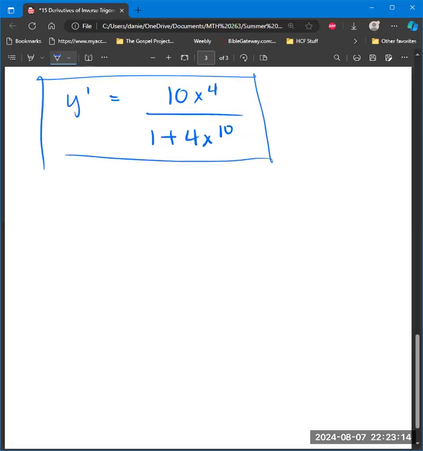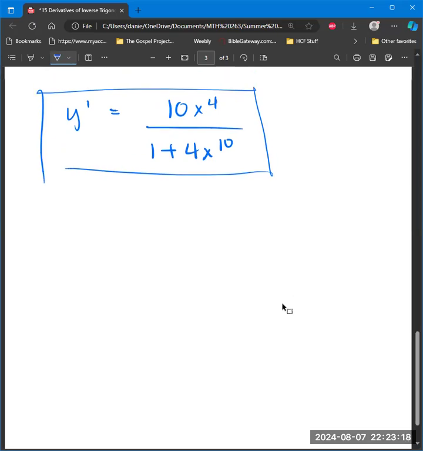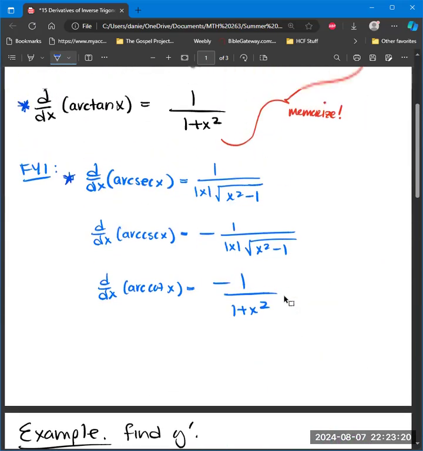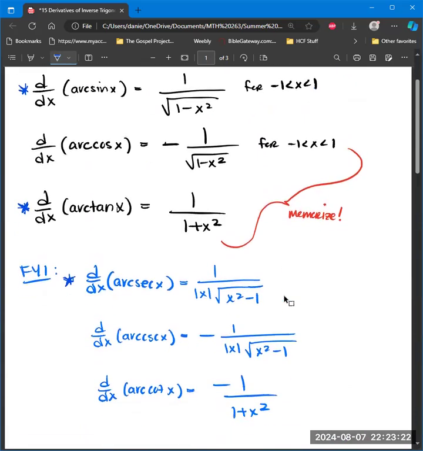All right, and I think those are the only examples that I have here, but this is just a section with a lot of memorization, not a lot of examples to do. Try some of the textbook problems on your own, and I'll have some additional supplemental examples that I'll put up later.